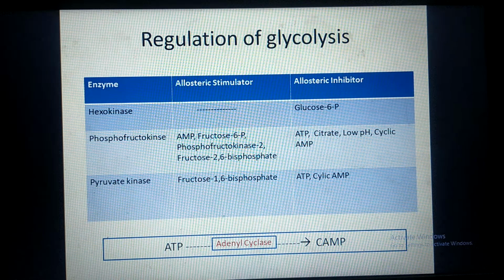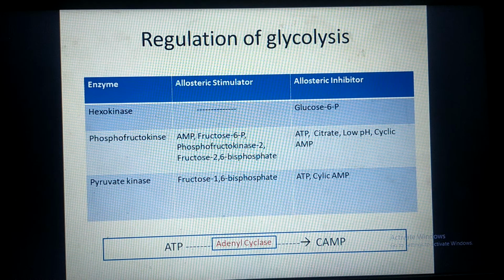Now come to allosteric stimulators. AMP, which is formed by the hydrolysis of ATP, acts as a stimulator. Presence of AMP inside the cytoplasm indicates that the concentration of ATP decreases, so AMP stimulates the glycolysis pathway to regenerate the ATPs.